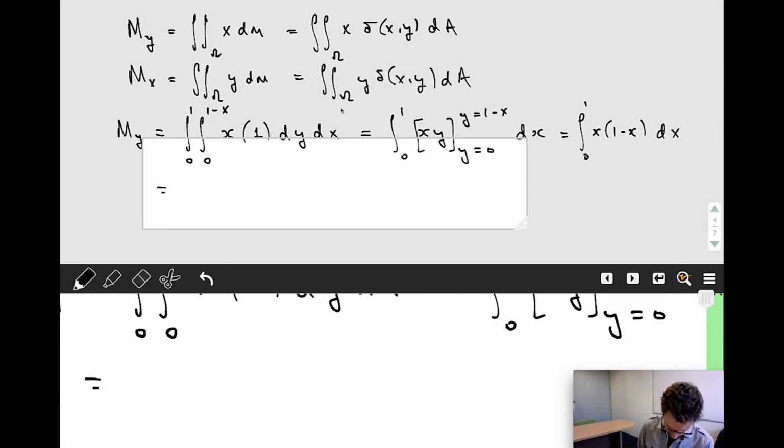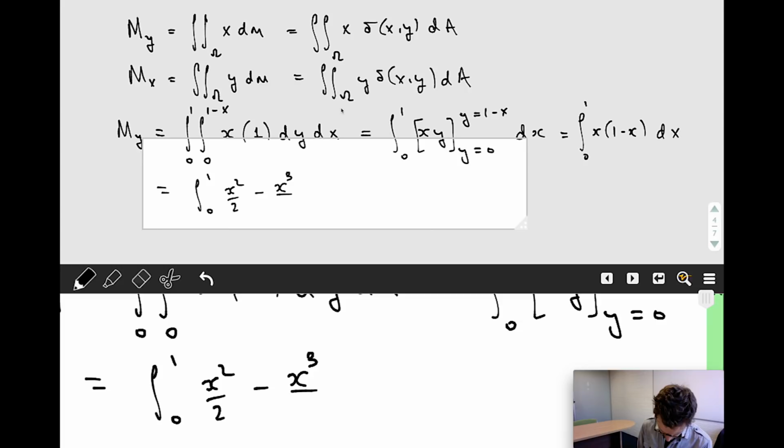So doing that integral over x gives us x squared over 2 minus x cubed over 3, doing the integral 0 to 1.